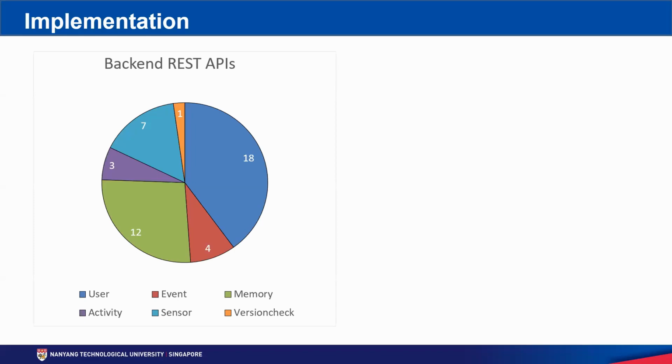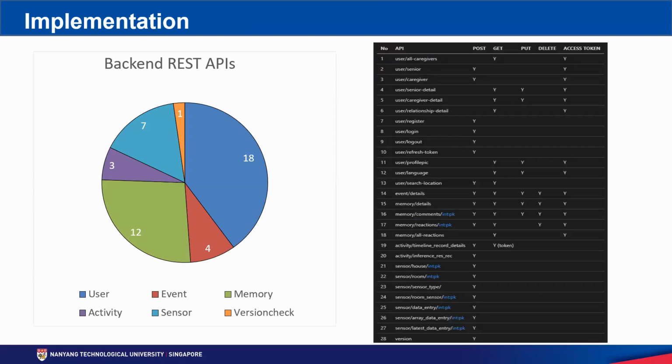There are a total of 45 back-end REST APIs developed in the application. The distribution of these APIs based on their Django app type is as shown in the pie chart. For example, there's a total of 18 REST APIs developed under the user app. The figure on the right shows the list of APIs developed for the application.